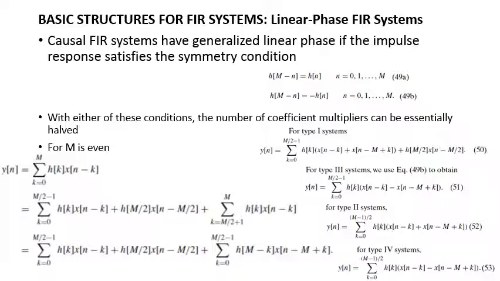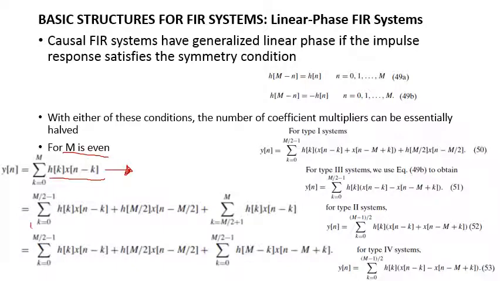In that case we have y of n equals summation k running from 0 up to M, and this is the generalized expression, but we can write, when M is even, not the even symmetry, that this summation can be expressed in 2 halves.